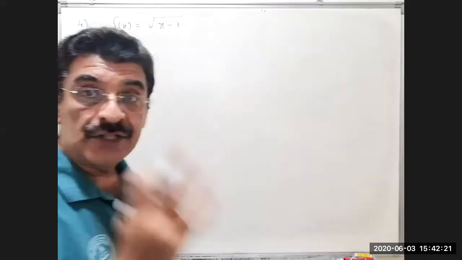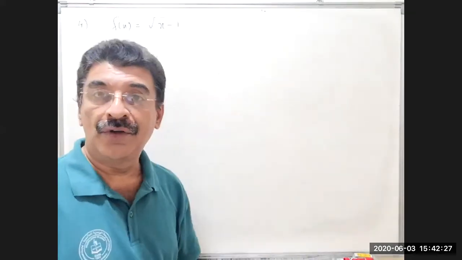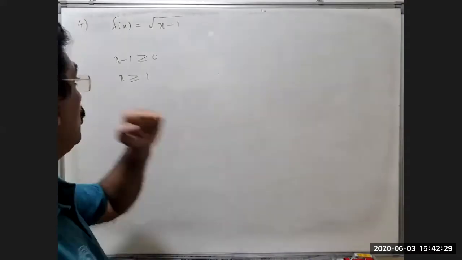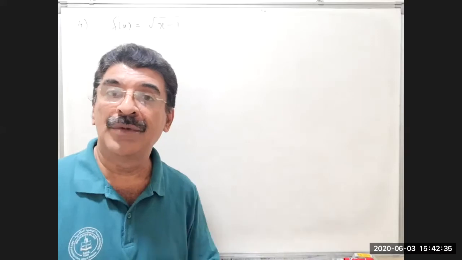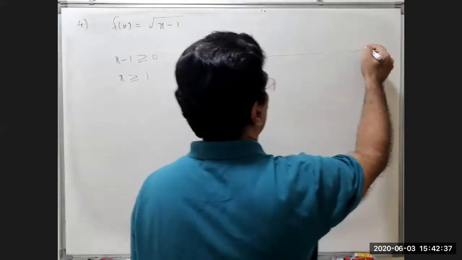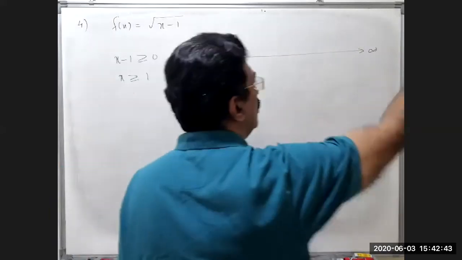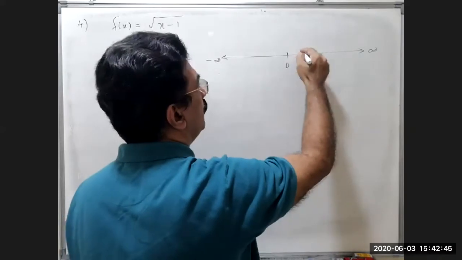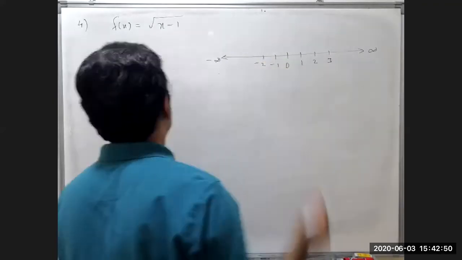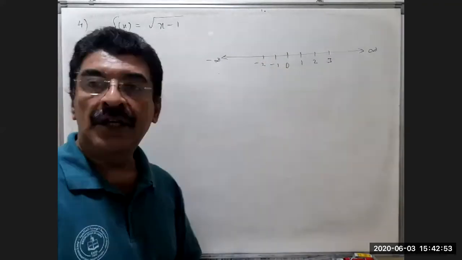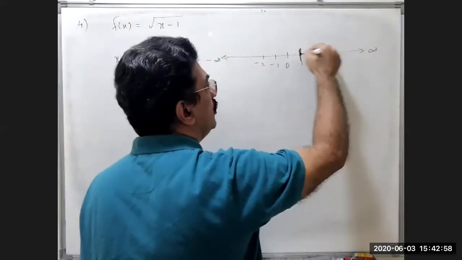Yesterday someone asked, greater than or equal to 1, how is it 1 to infinity? One of you asked me after the class, how come it is 1 to infinity? See our number line. Our domain is the whole set of real numbers: 1, 2, 3, minus 1, minus 2. x greater than or equal to 1 means from 1 onwards, towards the right.